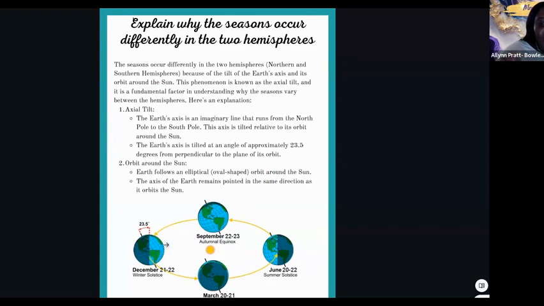Autumn and spring are equinoxes because they have equal day and night, lengths of the day and lengths of the night is equal. So it's September 22nd for autumn and March 22nd for spring. And this is typically how that diagram looks.